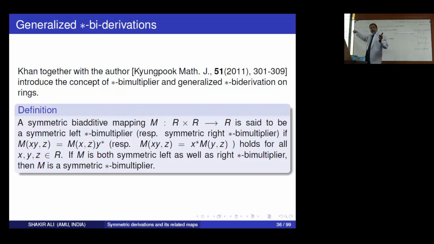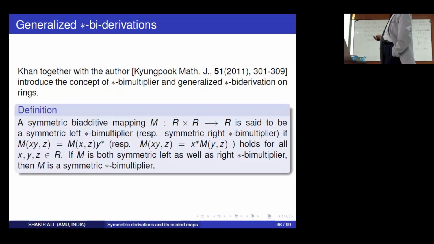So every map of this type is called a left multiplier. If you look at the previous slide, then with the combined notion of left and right multipliers, these are very common and famous examples of left multipliers in functional analysis.